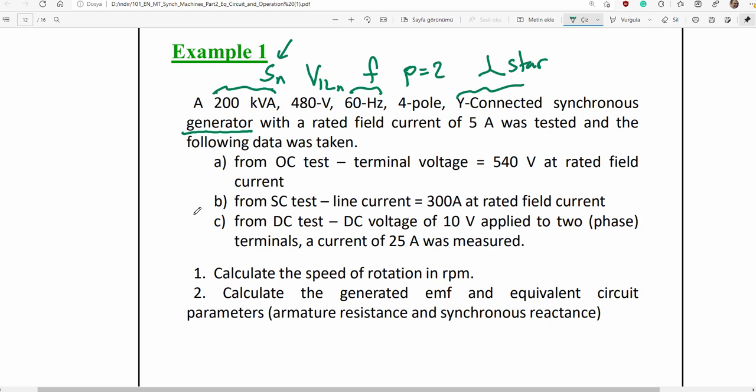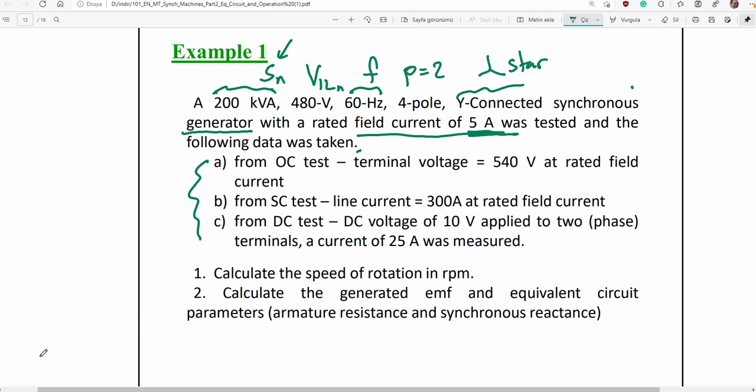Machine is operated as a generator with a rated field current of 5 amps. Was tested and the following data was taken. Such a machine was tested under 5 amps field current, and here are the results.